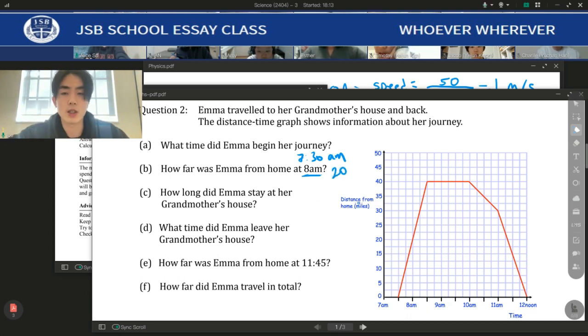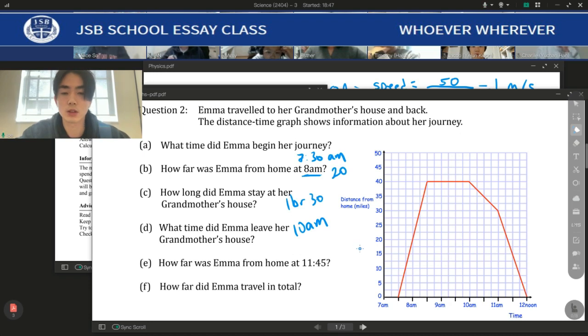Good. C. How long did Emma stay at her grandmother's house? Esther? 1 hour 30 minutes. Good. D. What time did Emma leave her grandmother's house? Ian? 10 a.m. How far is Emma from home at 11:45?